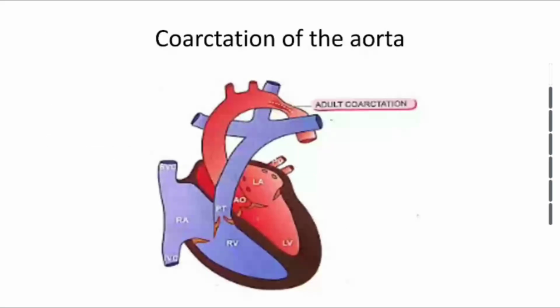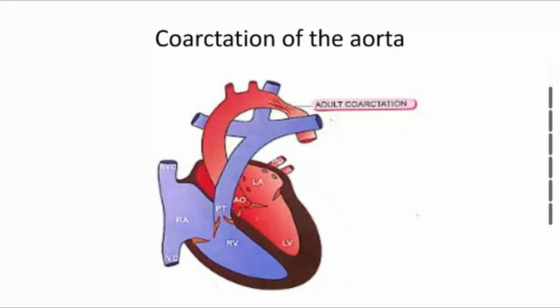And then, of course, we have those pictures there showing the coarctation of the aorta, basically narrowing of the aorta. You can see the right ventricle, left ventricle, pulmonary trunk. And from the aorta, you can see blood going back, and it will tend to narrow there. So you can imagine, if it's narrow, what is likely to happen?